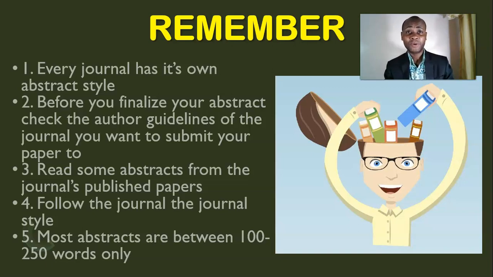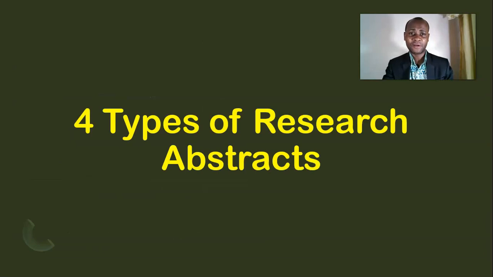Usually it cannot go beyond 250, if you are talking about really recognized journals. So you should take note of this so that you don't write a very lengthy abstract.